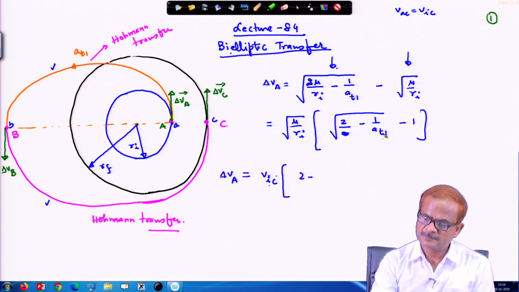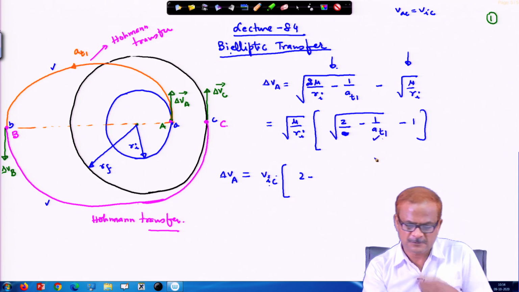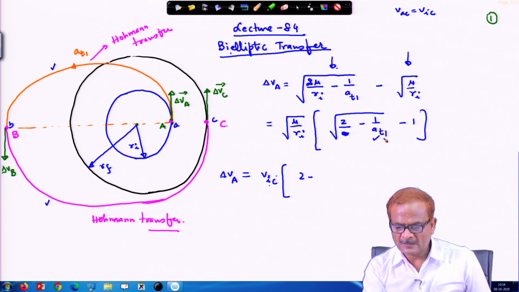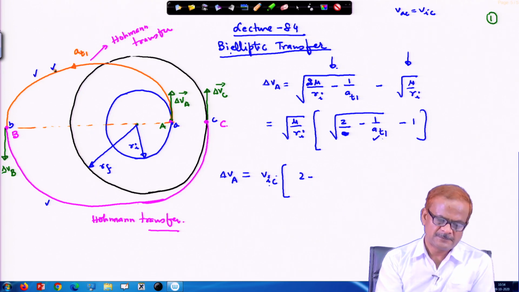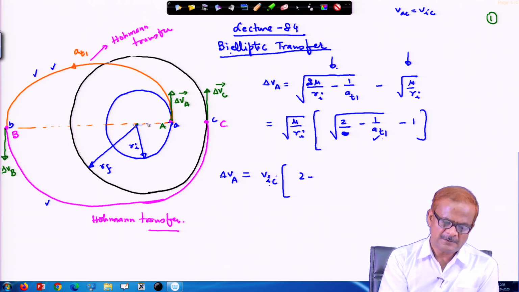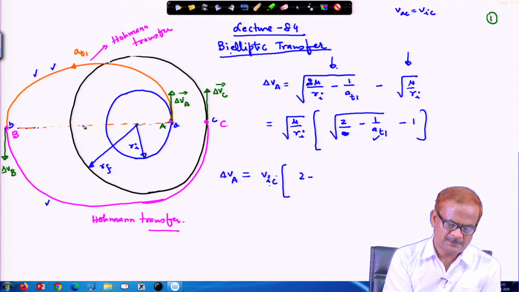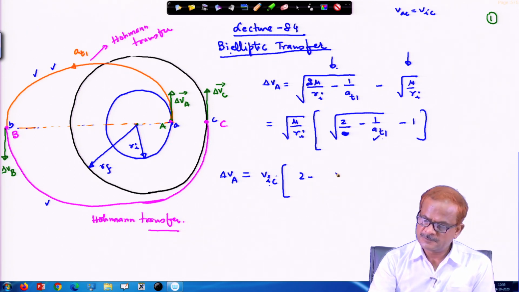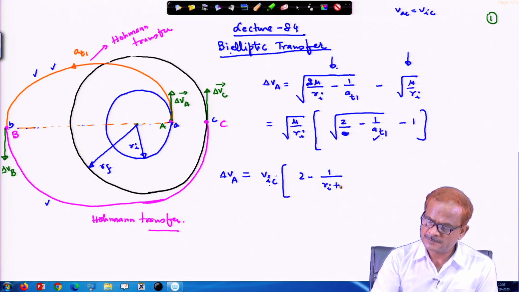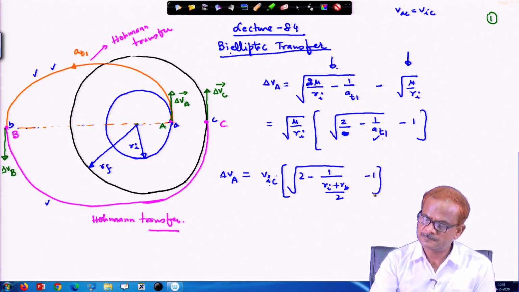So, what is the semi-major axis of this orbit? This will depend on r I and r b. So, this we can write as 2 minus 1 by r I plus r b divided by 2, this whole under root, minus 1.